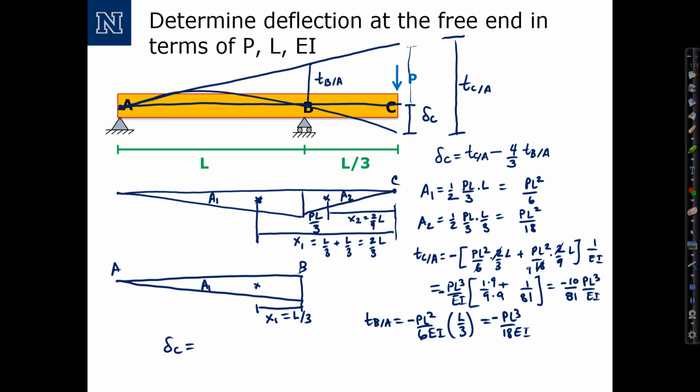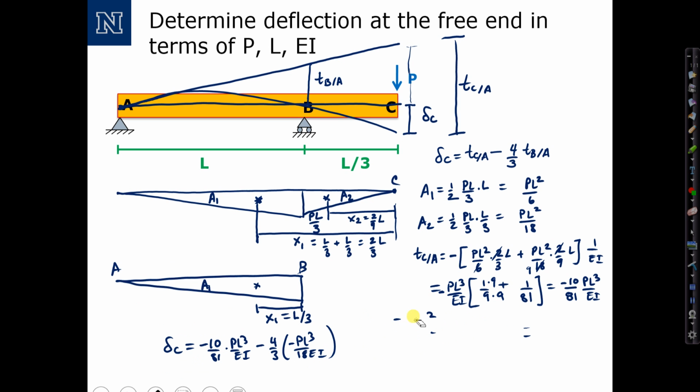Delta C is equal to T at C with respect to A, negative 10 over 81 times PL cubed over EI, minus a 4/3 T at B with respect to A, which is negative PL cubed over 18 EI. Okay, so I'm going to give myself a little bit more room here.